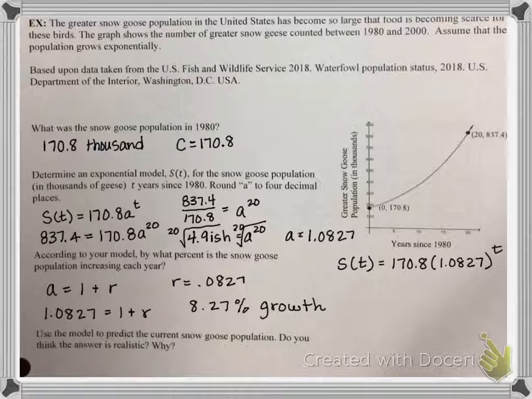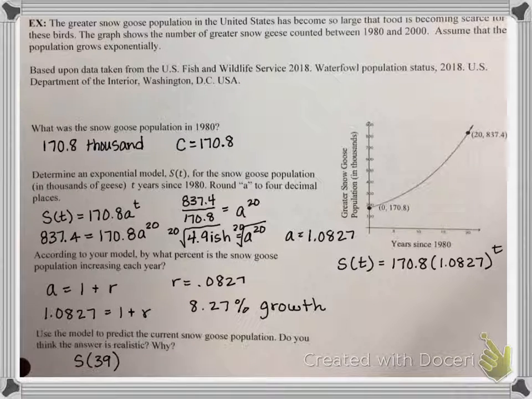So now let's estimate the current snow goose population. So in the year 2019, using your function, what would our snow goose population be? So what should my t value be? Yeah, 39.